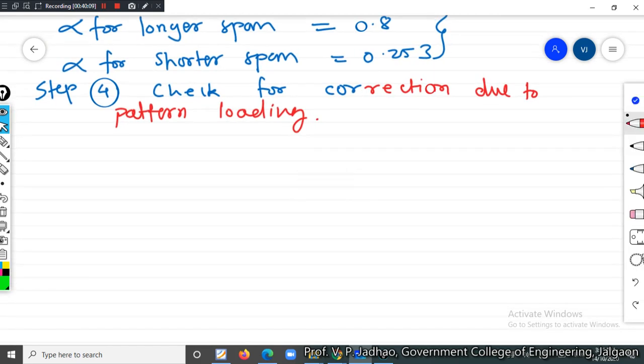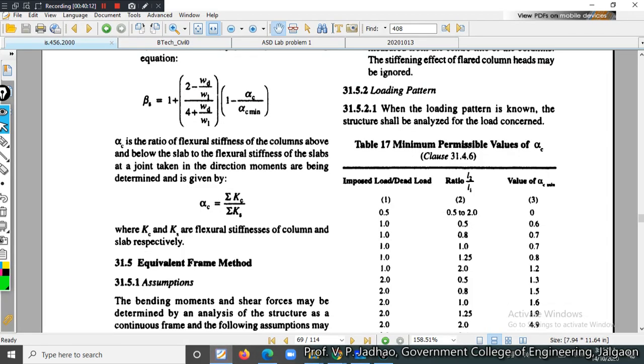What we have to do is calculate these ratios, that is L2 by L1 and imposed load divided by dead load. But these ratios will be different for the longer direction and the shorter direction. So we'll calculate these ratios now.